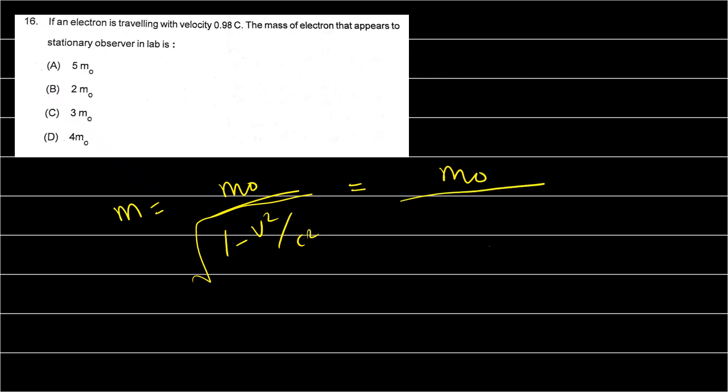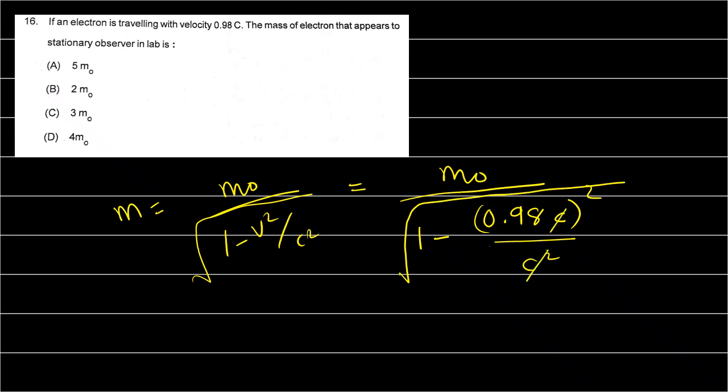The mass of a relativistic particle is its rest mass divided by square root of 1 minus v square by c square. So m0 divided by square root of 1 minus v squared by c squared, where v is 0.98 c. C cancels out.